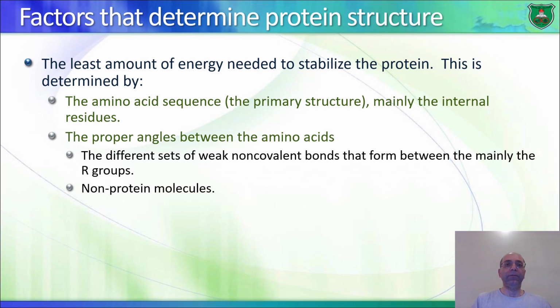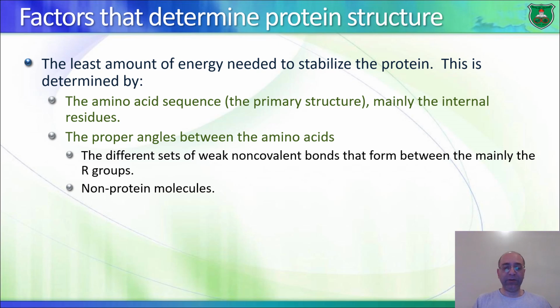Now, what are the main factors that determine protein structure? Remember in the first slide, I said that if you have a 100 amino acid protein, there are a gazillion possibilities of forming a protein structure, right? But this is not true, because the most stable structure would be formed, energetically speaking.